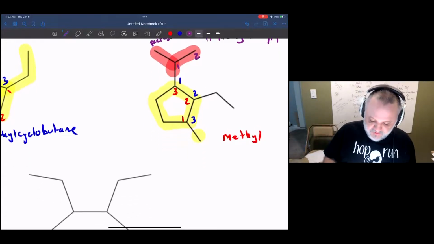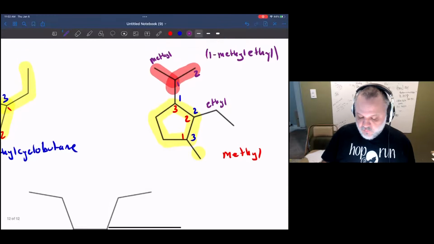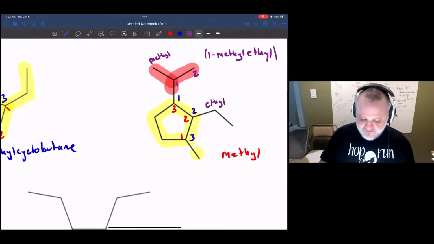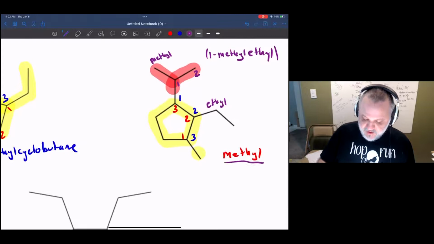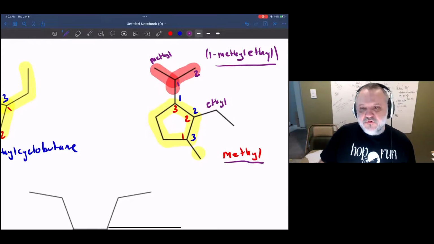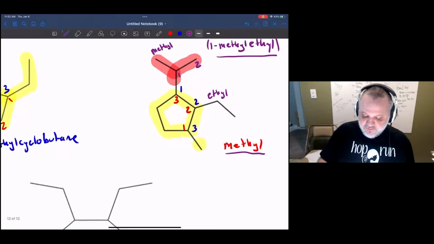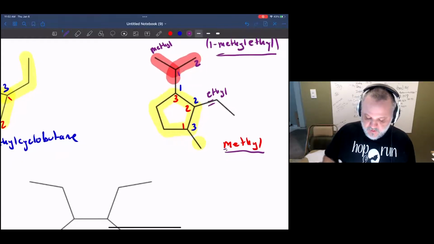So putting it all together, I have 1-methyl, oh, sorry. What I forgot was that they've still got this group here, ethyl. And this is what I was initially getting confused about, is that I used alphabetizing the two groups, the methyl and the methyl ethyl, to decide which way to number it. But when I write the name, I still consider all of the groups to write the name.